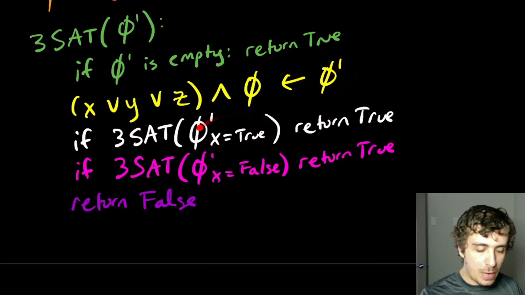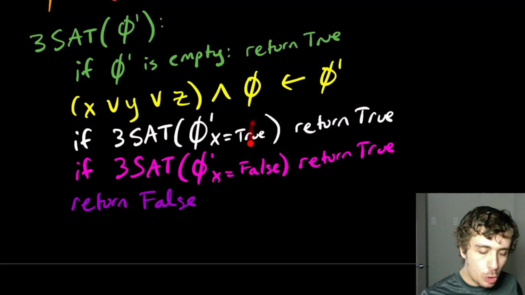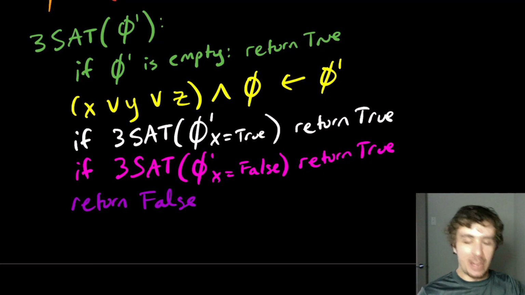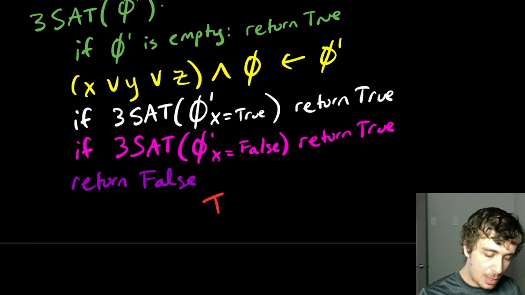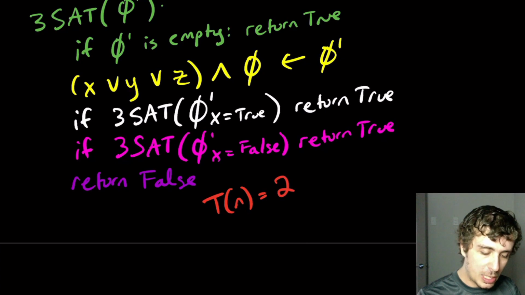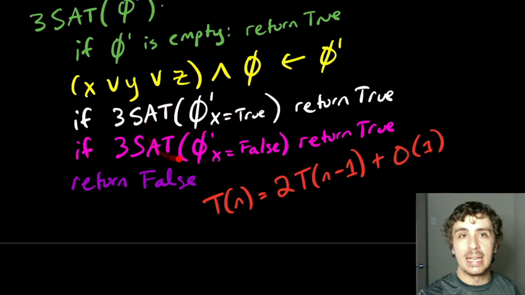This modified formula that I'm recursively calling with has one fewer variable, and so I have 2 recursive calls of size n minus 1, and you can figure out pretty easily that we're going to get 2 to the n runtime. So T of n, the time to work with n variables, is 2 times T of n minus 1 plus big O of 1. There's only an order 1 amount of work at each point here.